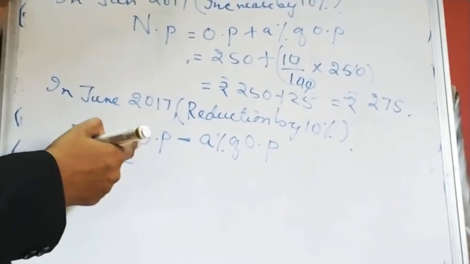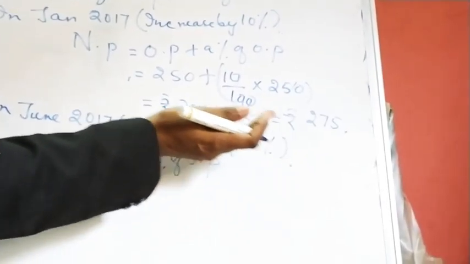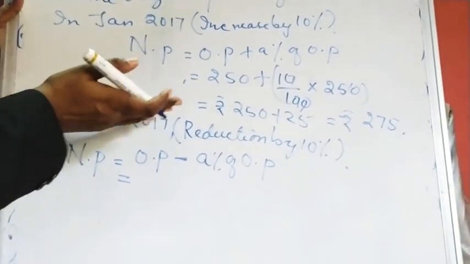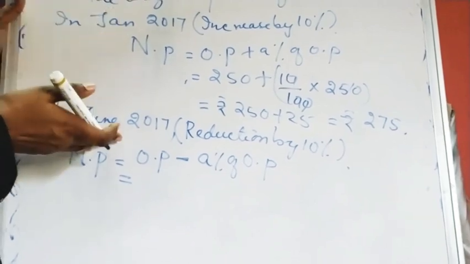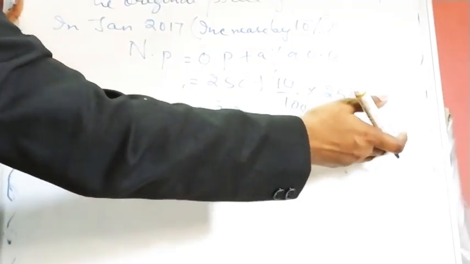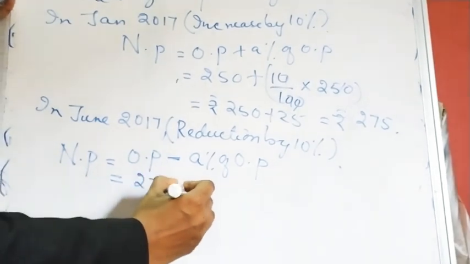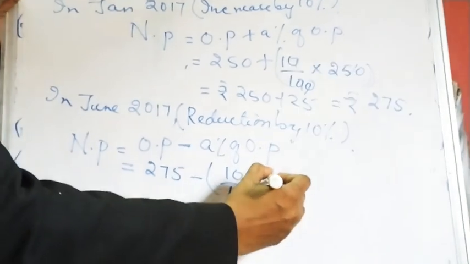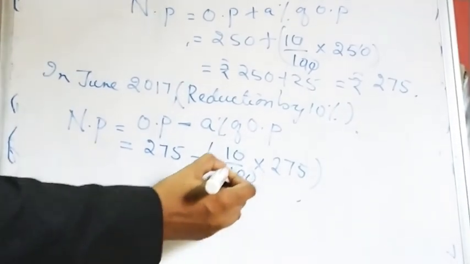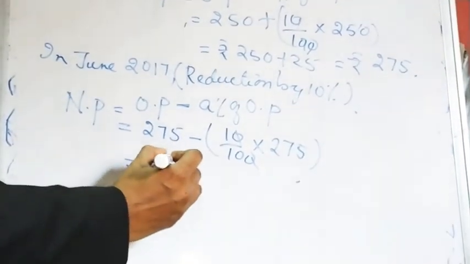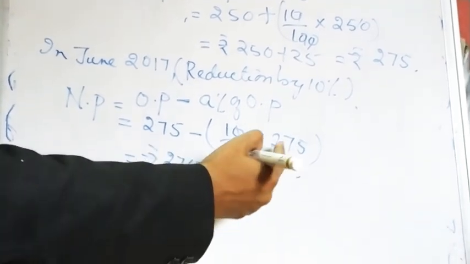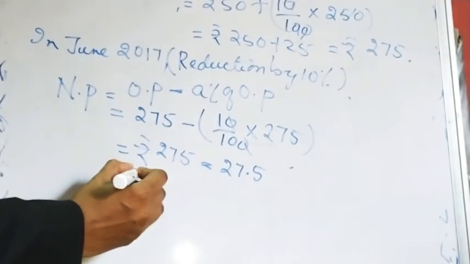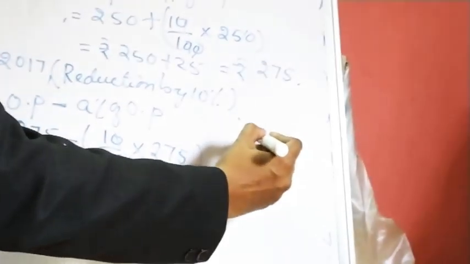Here my original price would be this, because consecutively after January we are entering into June. So my original price would be 275 minus a% of original price, which is 10 by 100 into 275. So when we do the cancelling, what do we get? 275 minus 275 by 10, that is 27.5.